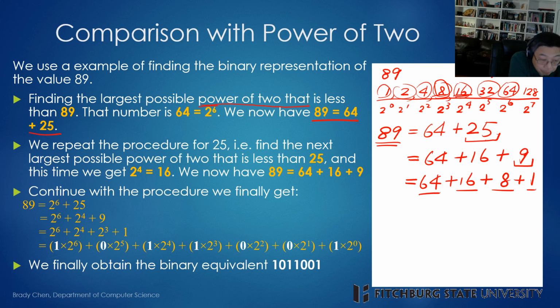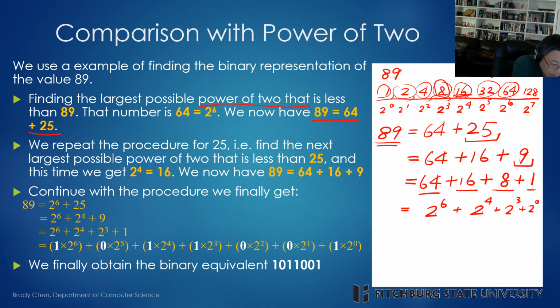So then we convert this. What is 64? It's 2 to the 6. Now 16 is 2 to the 4, plus 2 to the 3, plus 2 to the 0. Now, we have certain powers of 2 missing, right?